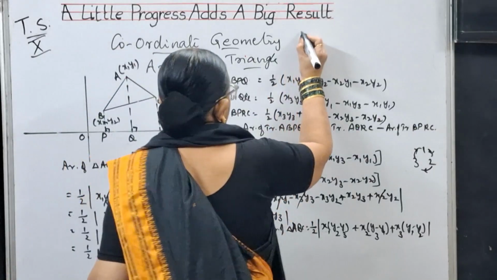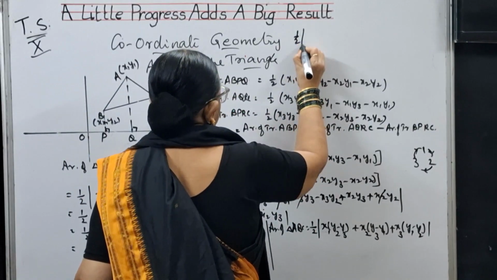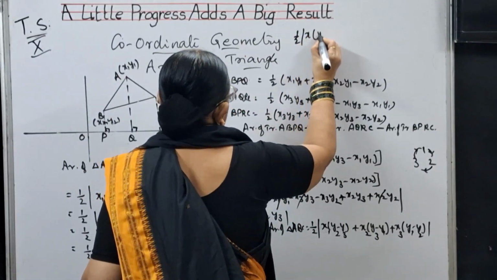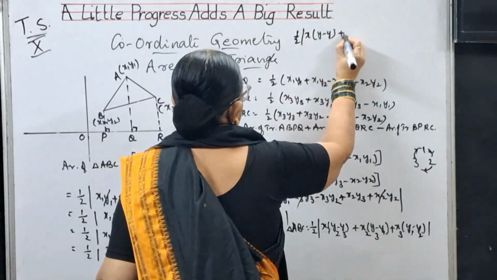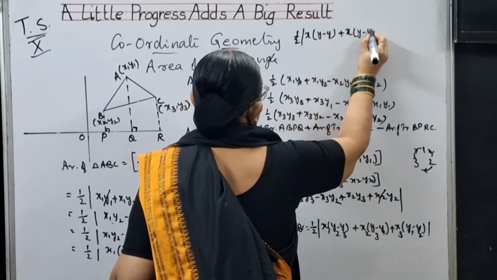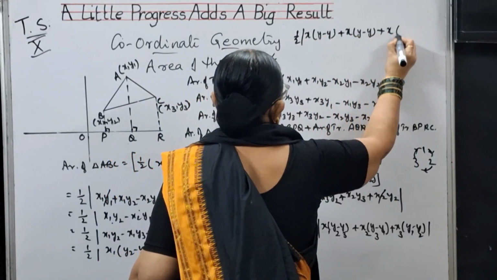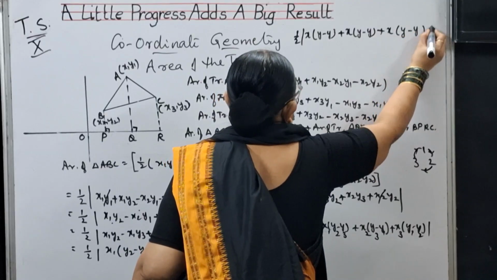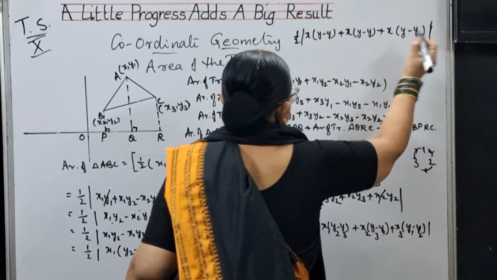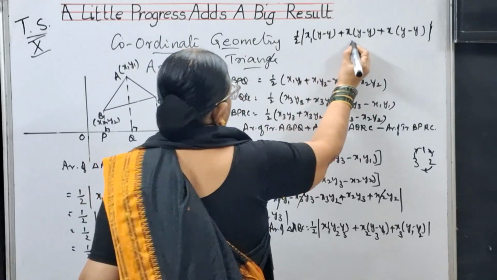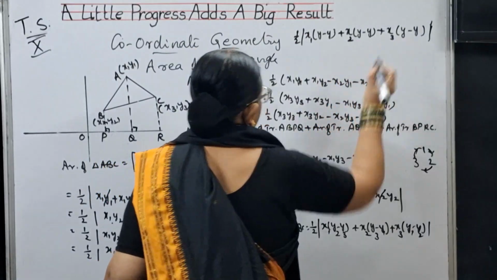Once again I will write, children: half modulus. First you write x into (y minus y) plus x into (y minus y) plus x into (y minus y), modulus. Now write the numbers 1, 2, 3 for x.